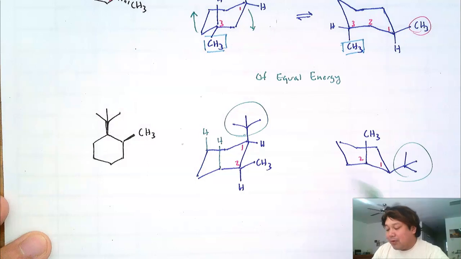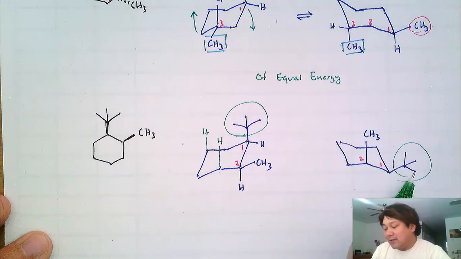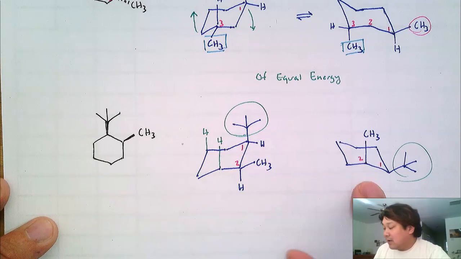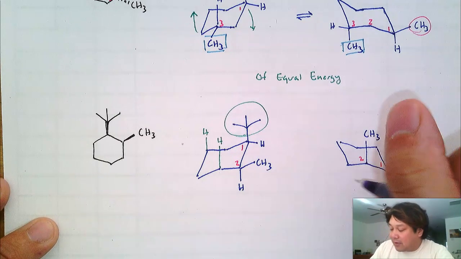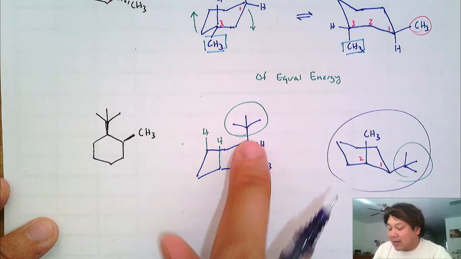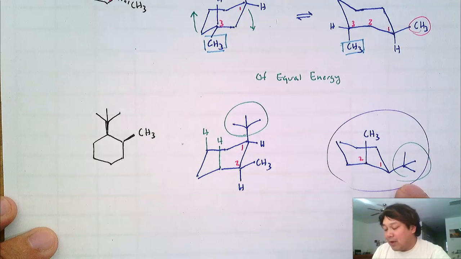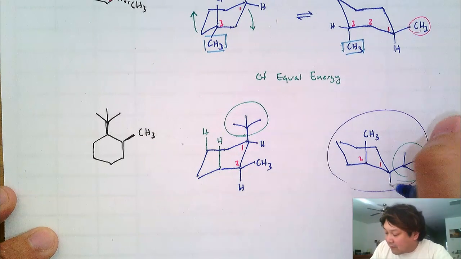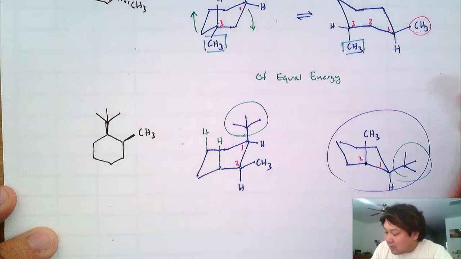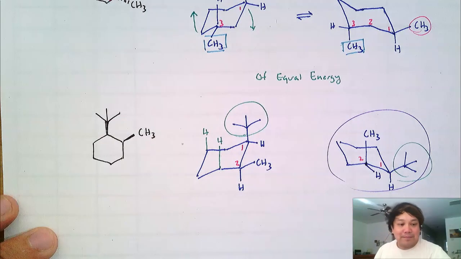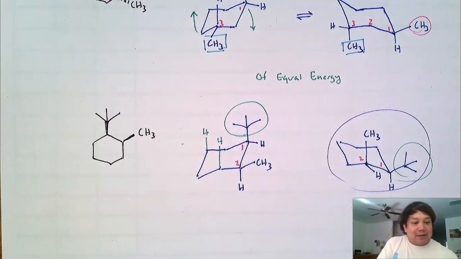By putting the bigger group equatorial and sacrificing the methyl group, making it axial, we actually made the more stable conformation, even though it's one axial, one equatorial for both. The fact that we made the bigger group the equatorial in this case makes this conformation the more stable. Alright, that is it for cyclohexanes.